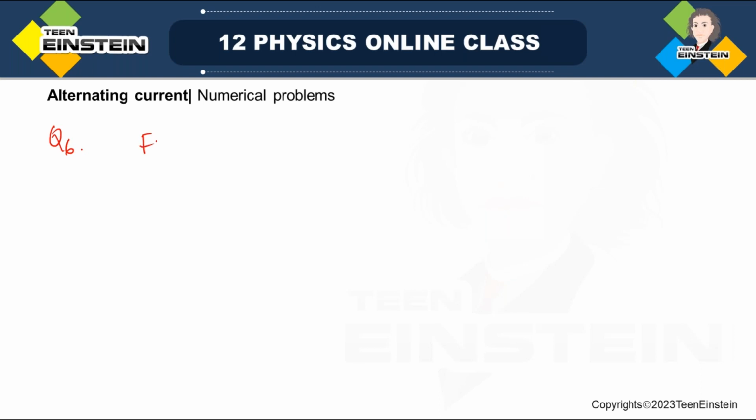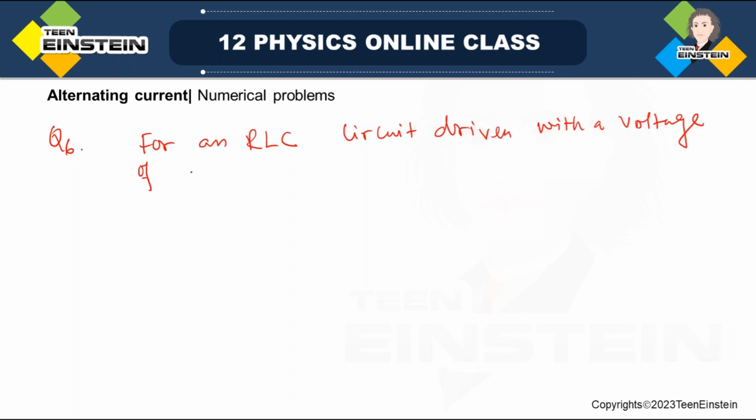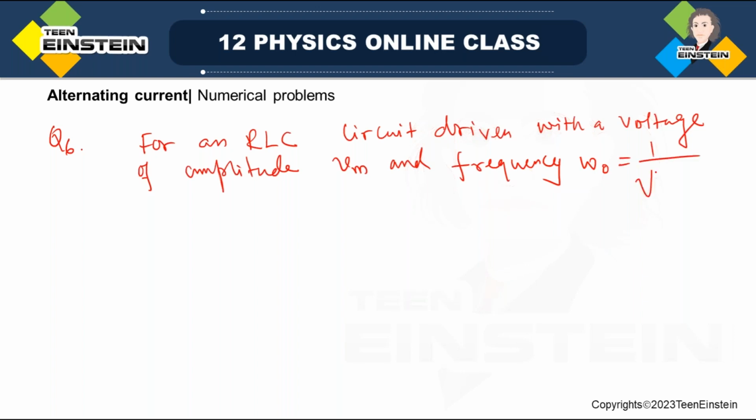For an RLC circuit driven with a voltage of amplitude Vm and frequency given, omega 0 is 1 over root LC.